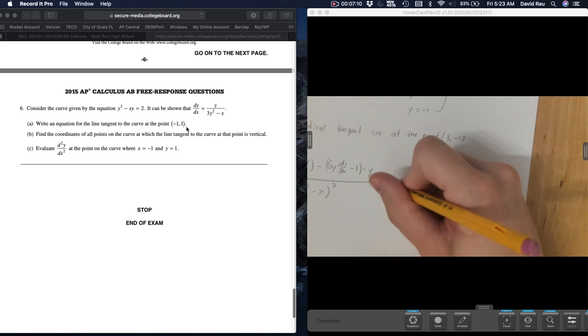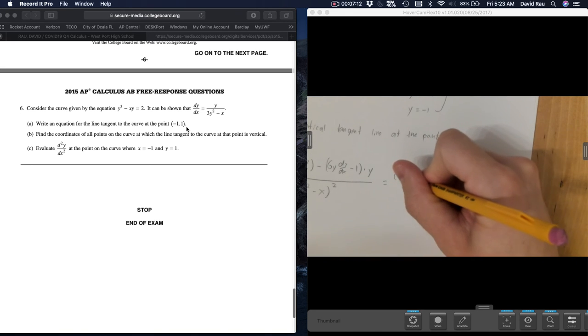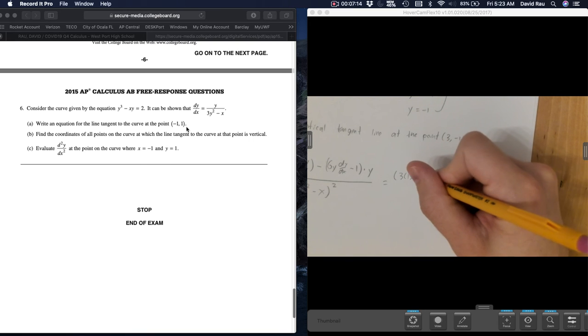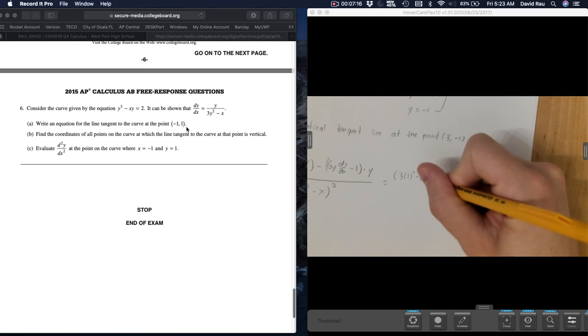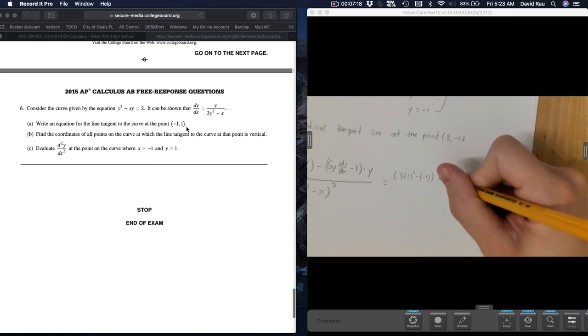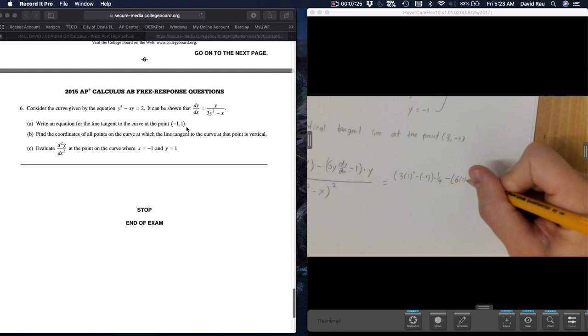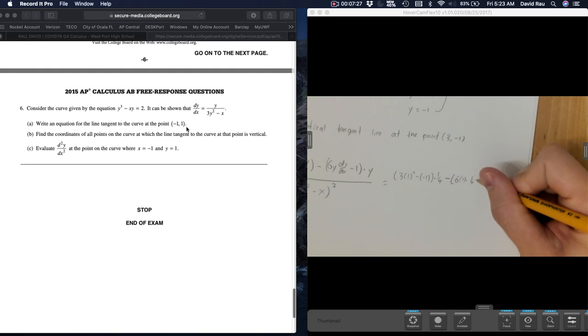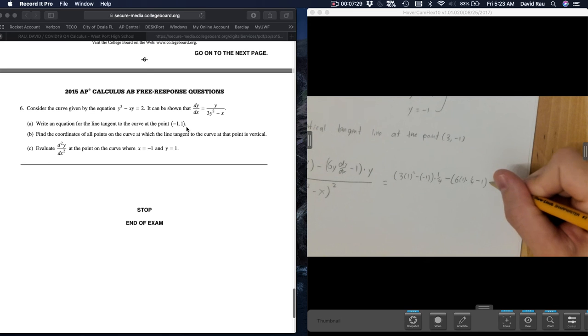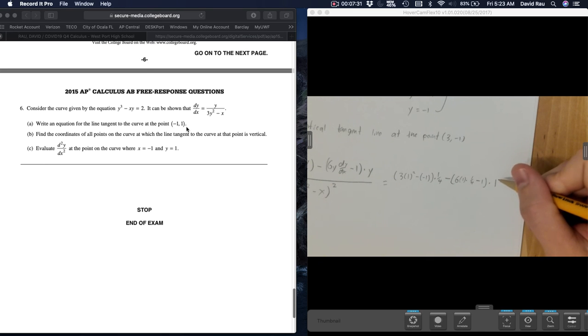So let's substitute this in. It's really 3 times 1 squared minus -1 times 1/4, minus 6 times 1 times 1/4 minus 1 times 1.